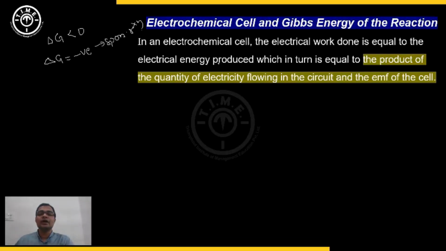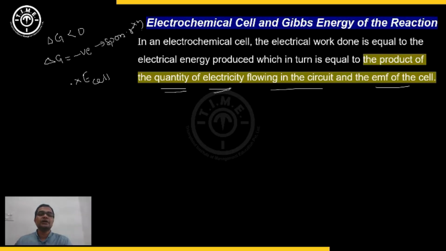Now you see, how can we calculate electrical work energy? The electrical work energy delta G is equal to the product of the quantity of electricity flowing in the circuit and the EMF of the cell. The EMF of the cell is denoted by E cell.